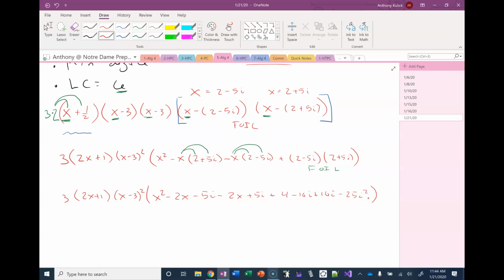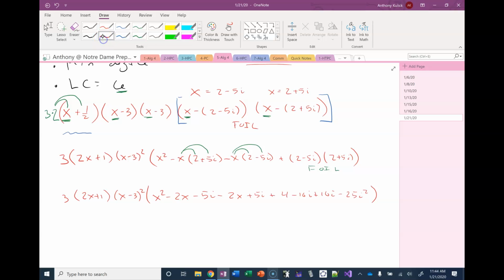Okay, so I have x squared minus 2x minus 5i minus 2x plus 5i plus 4 minus 10i plus 10i minus 25i squared. So that's gotten really ugly, but it's about to get pretty nice.